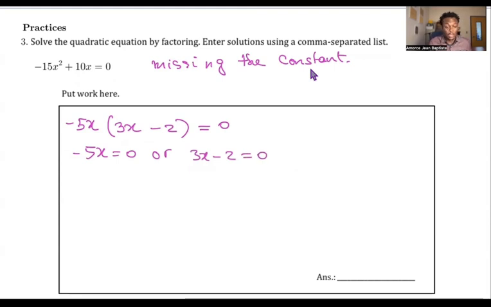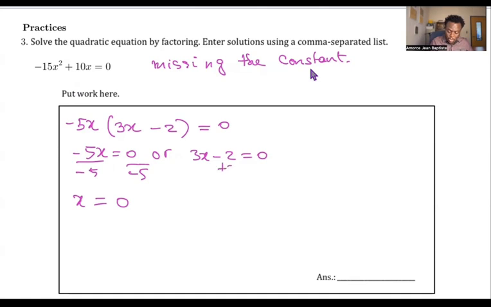By the way, factors are not only when you have parentheses. That's why this one is also a factor, and you can still use the zero product principle to solve this equation. Divide by negative 5. So that's x equals 0, because 0 divided by negative 5 is still 0.